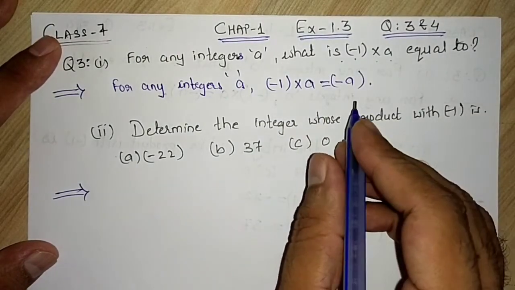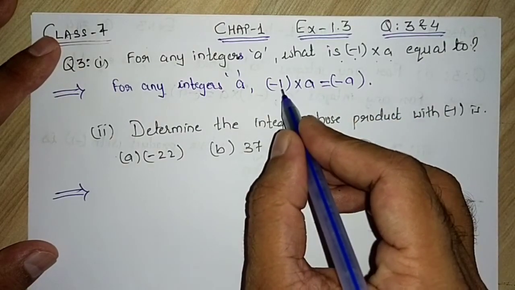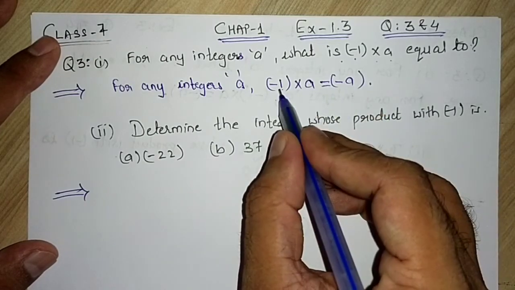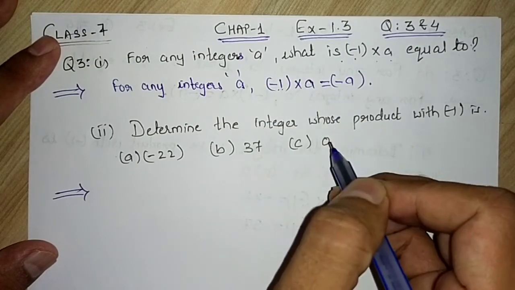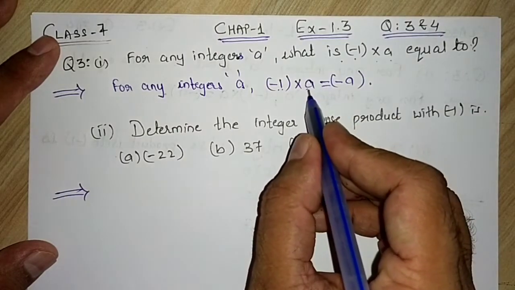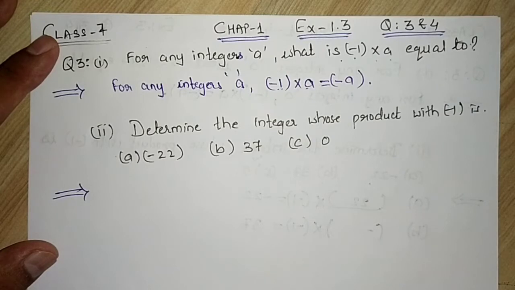Why, students? Because anything multiplied with 1 will give me that answer only, and here 1 is not alone, it is with a minus sign, so definitely that minus sign will carry on because the second integer is plus. So our answer is minus a.